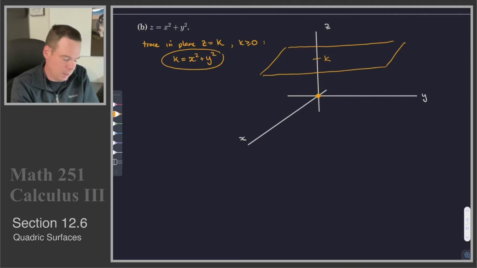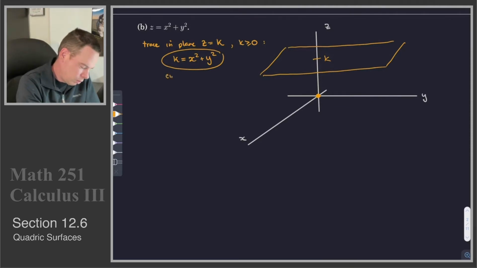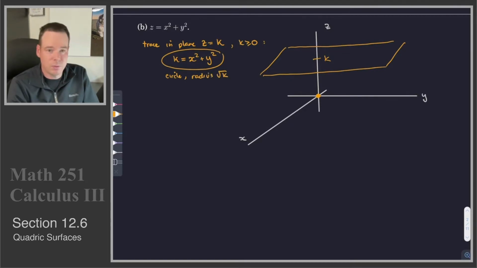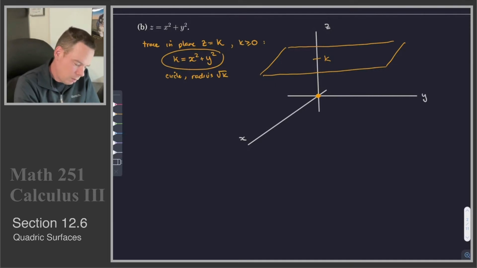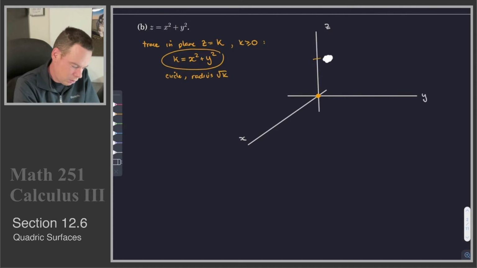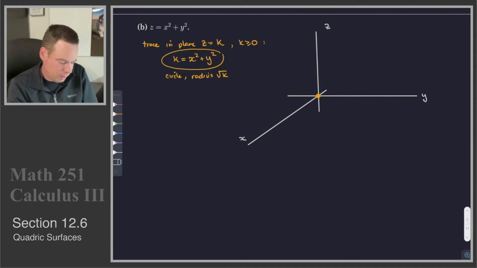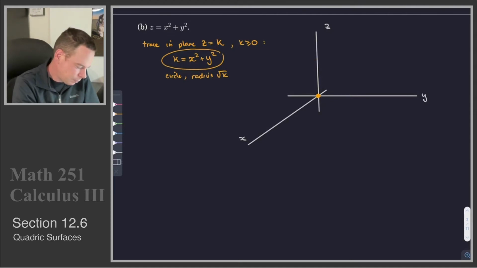It's a circle of radius root k. So that says for various values of k, the higher we go up the z-axis, our surface is intersecting it at circles with radius root k. So I'm going to get rid of the plane here, because this is going to be inherent in our discussion that at any level we are thinking about how it intersects the plane.